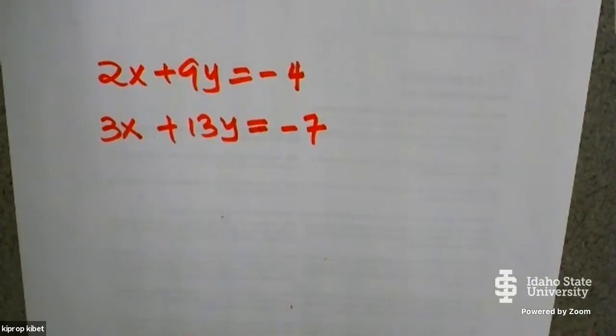So to eliminate this one, then what can we do? So we can make this one to be the same. To make it simpler, we make this one to be the same by doing what? So you can multiply all of this by 3, and then you can multiply all of this by 2.